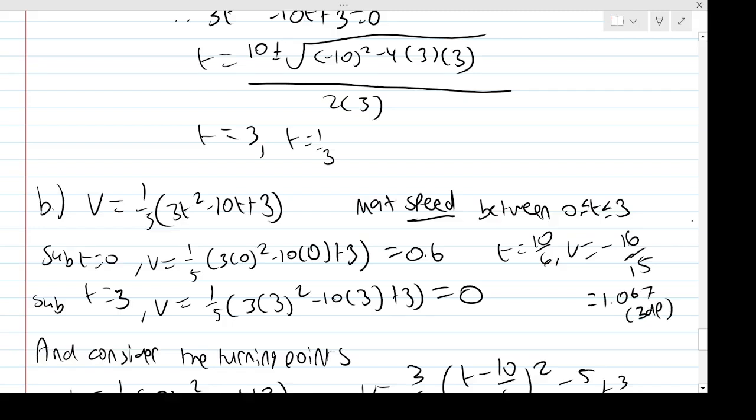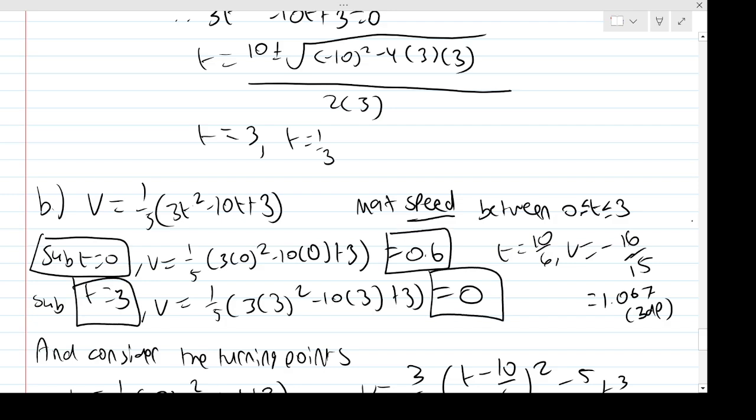Okay. So if I highlight it, I've got these 3 values here. So when t is 0, I got v is 0.6. When t is 3, I got 0. And when t is 10 over 6, I got v is minus 1.067.